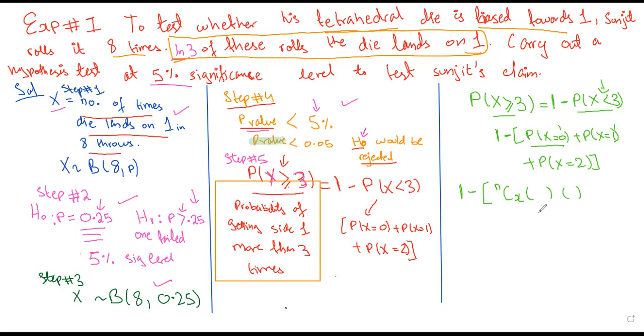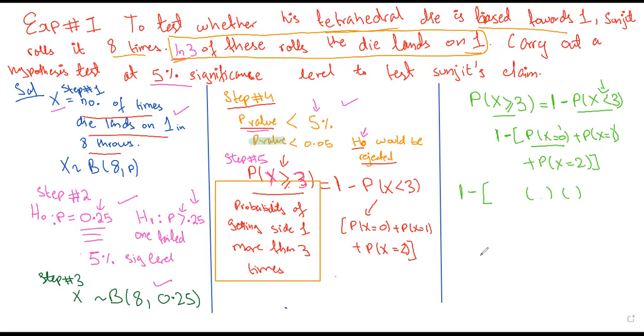So it is nCx, then we have probability of success and probability of failure. Do you remember this formula now? Yes. Wait, I'll write it down. p to the power x and q to the power n minus x. It was something like that. Yes, very good. Instead of x, we used to use nCr, I think, right?